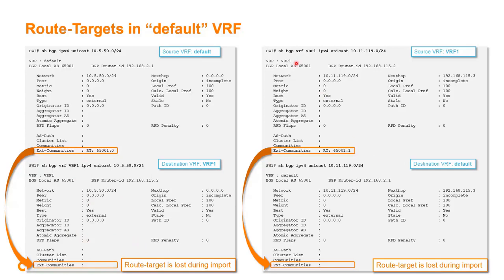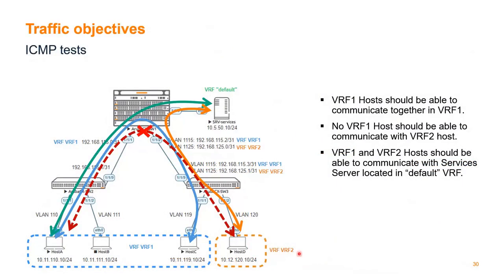Similarly, if we want to check inside VRF1, a VRF1 subnet that is exported from VRF1 to the default VRF, we'll see that extended community being lost as well. So this is pretty much what we want to test, and the objective, again, is for any host in any VRF to be able to reach that server sitting in the default VRF, and for a host inside VRF1 to be able to communicate with another host in VRF1.